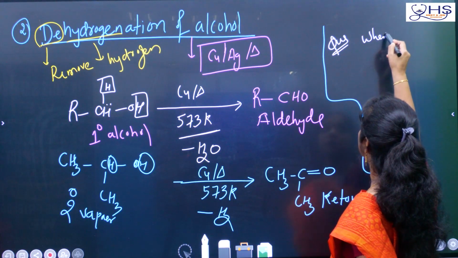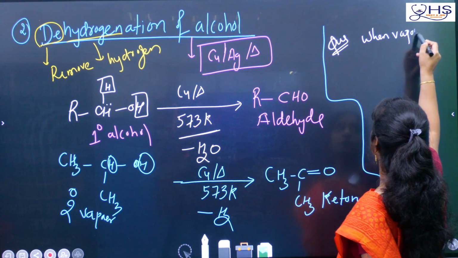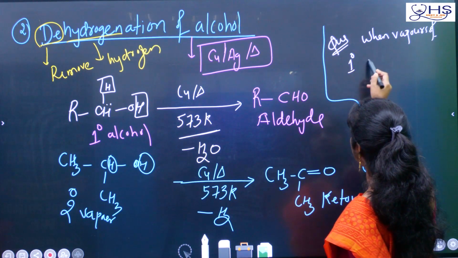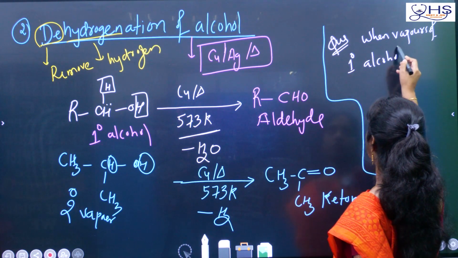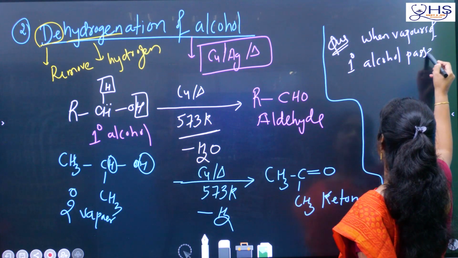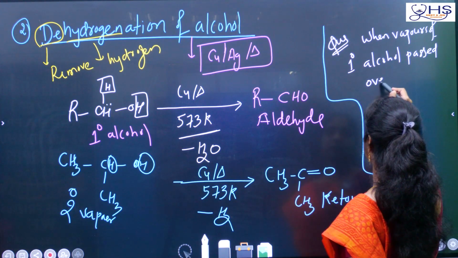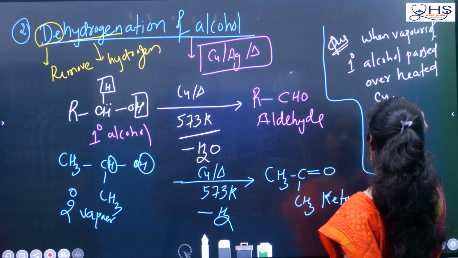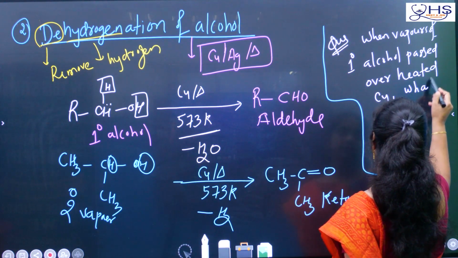When vapors of primary, secondary, anything they can use, primary alcohol, are passed over heated copper, what is the product?